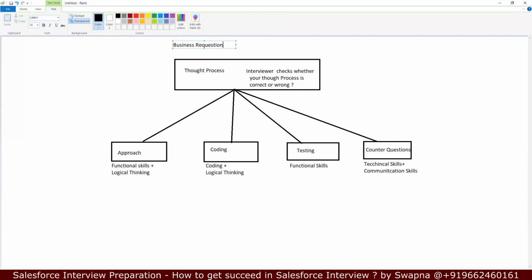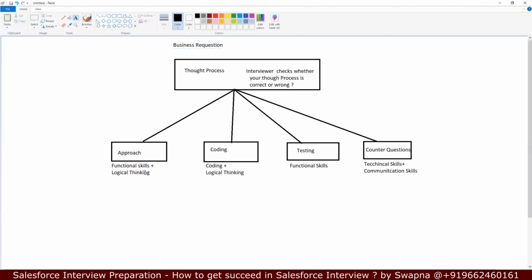If you want to do well in a Salesforce career, one should have good functional skills, technical skills, logical thinking skills, and communication skills. These four we have to focus on.